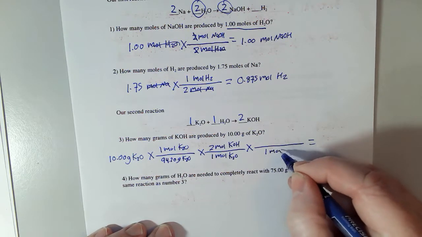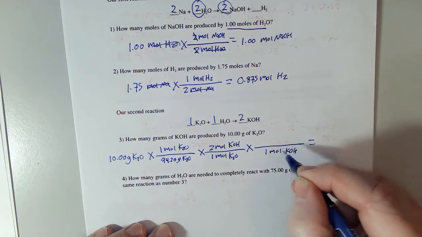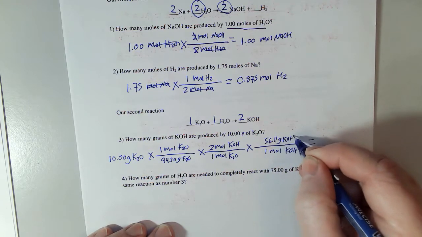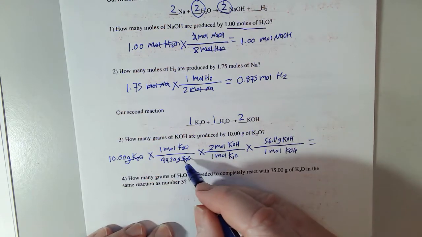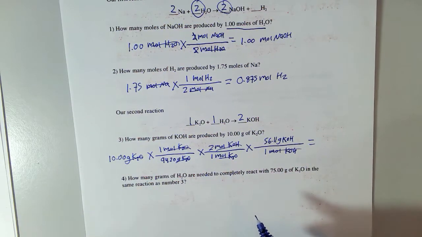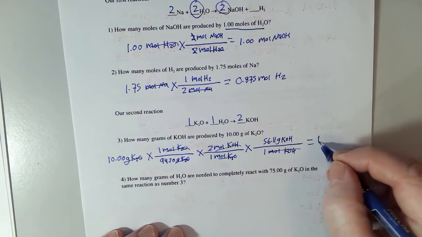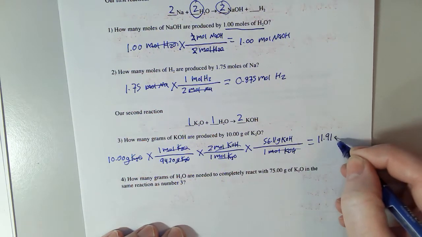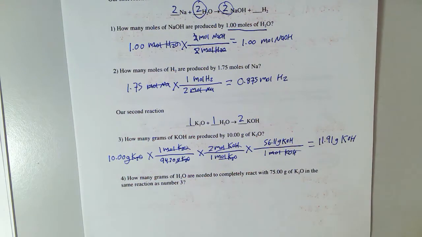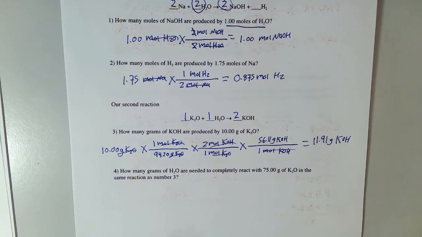And 1 mole of KOH has a molar mass of 56.11 grams KOH. That cancels, that cancels, that cancels. When I ran that through my calculator, I got 11.91 grams of KOH.